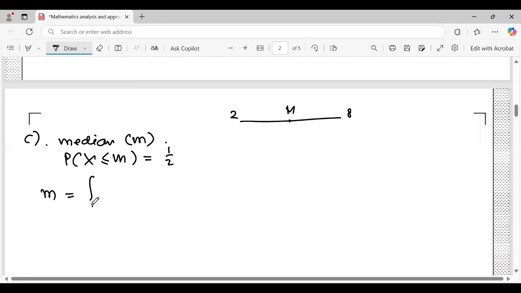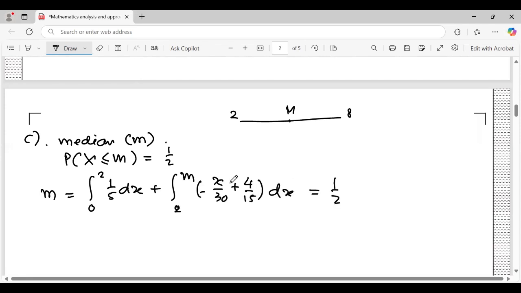So the median equals the integral from 0 to 2 of 1/5 dx plus the integral from 2 to m of minus x over 30 plus 4 over 15 dx, equal to 1/2 according to this statement. Let's calculate this integral.